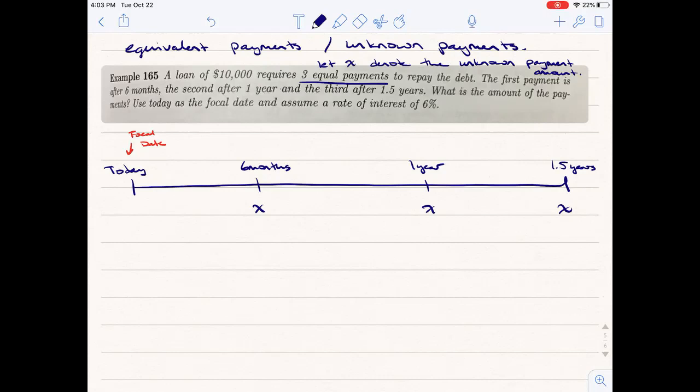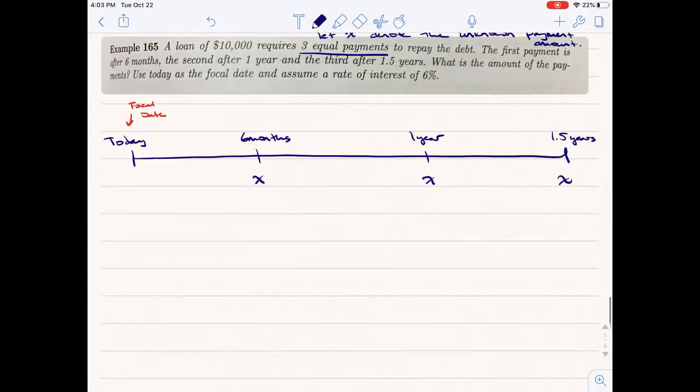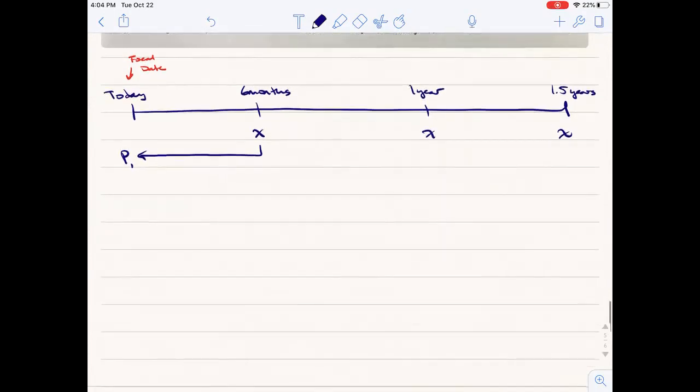So what do we have going on here? This first X at 6 months is going to get pulled back to some principal amount P1. We don't know what it is, but we'll be able to use it. The second X at 1 year from now gets pulled back to some P2.